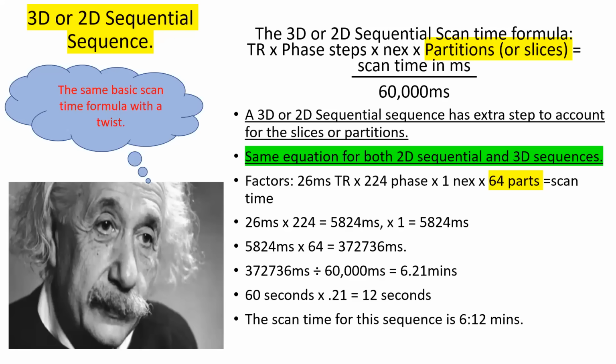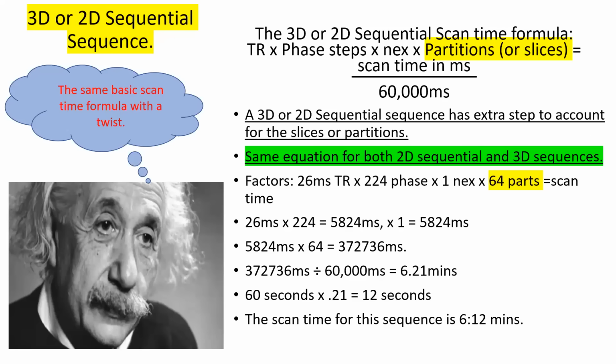All right. Now, 2D or 3D sequential sequences. That's the other white meat. So they can say in this 3D time of flight MRA, and you're saying, okay, no problem. Lay the factors on me. TR times your phase times your nex. Now you've got to multiply it by your partitions. Some places call it locations.